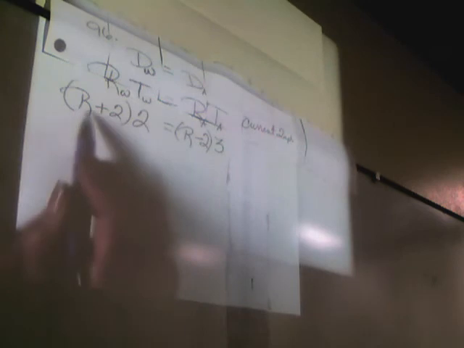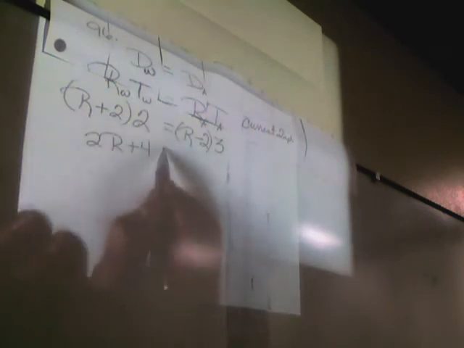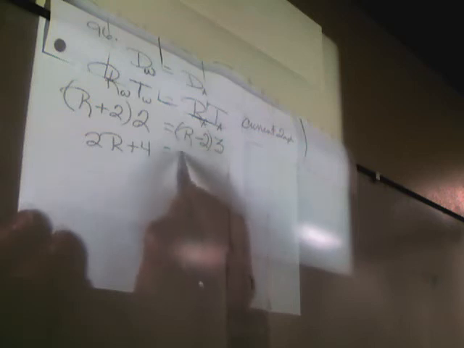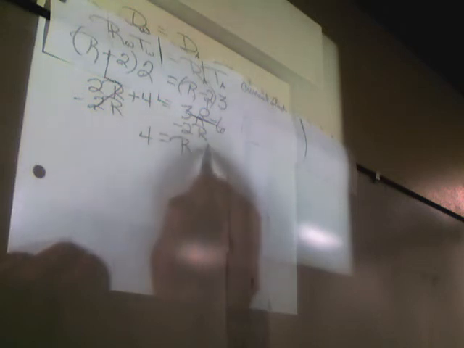Okay, when you multiply this, you have 2r plus 4 equals 3r minus 6. To get the r's on one side, we'll subtract 2r. So 4 equals 1r, or just r, minus 6.